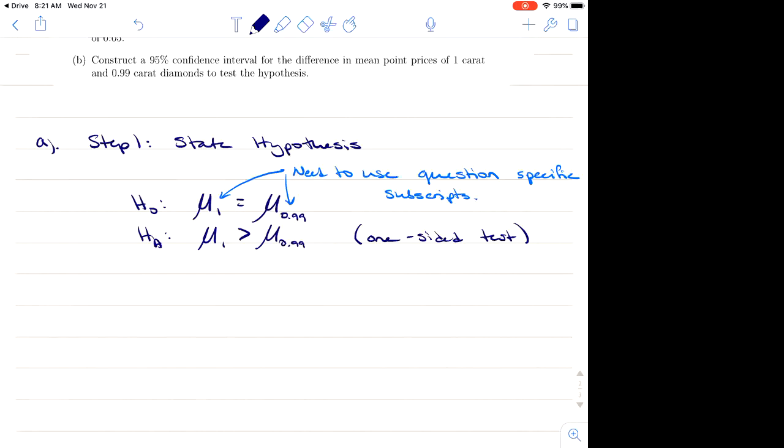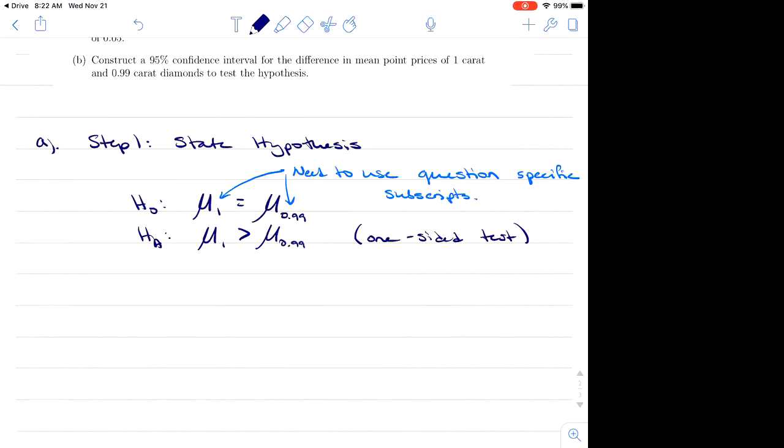If you read enough questions and set up enough hypotheses, it starts jumping out at you. So setting up the alternative, people don't have a hard time with. It's the link between this sign here and whether it's one or two-sided that people have a problem with. So just make a little mental note.